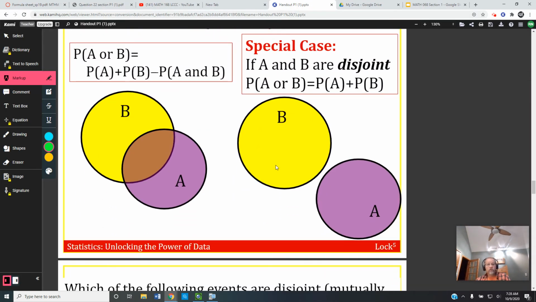So it looks like this. If we talk about a disjoint event, A and B have no overlap. In other cases, there's an A and B with an overlap in the center. This is the true OR. The true OR has a middle, which is an AND part, which overlaps itself 2 times. That's why we get rid of that double count.